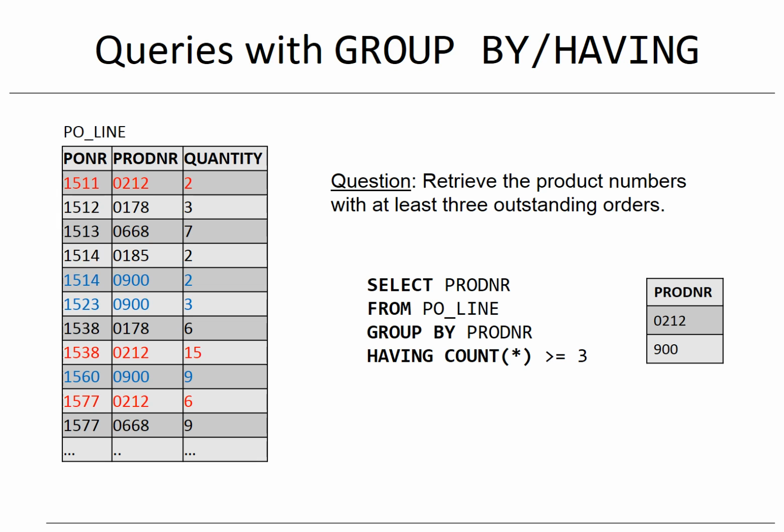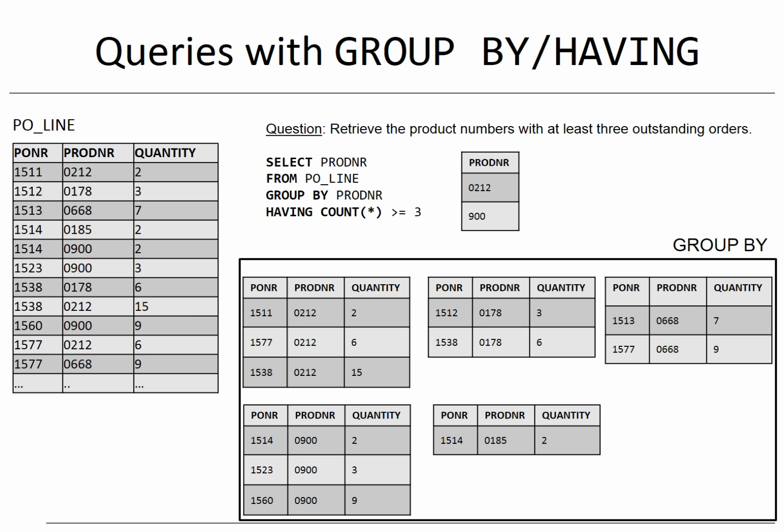Let's provide some more detail about how this query essentially works. The GROUP BY product number clause will make groups based upon the product number. You can see those groups represented in the lower right corner. We have a group for product number 212, for product number 178, and so on.